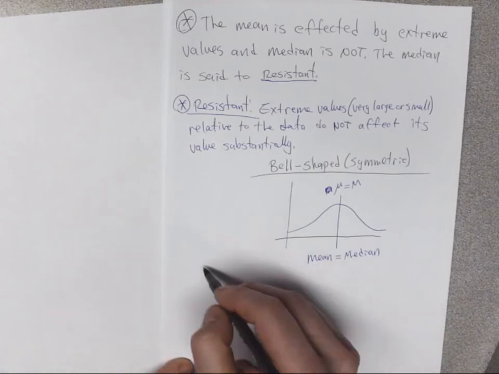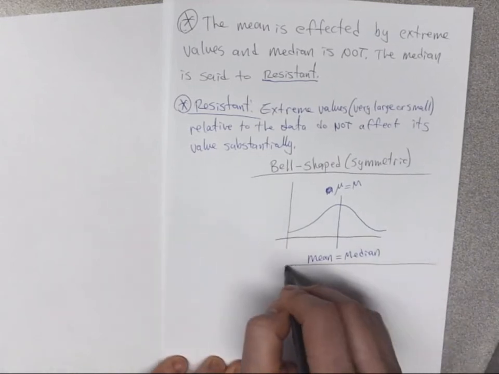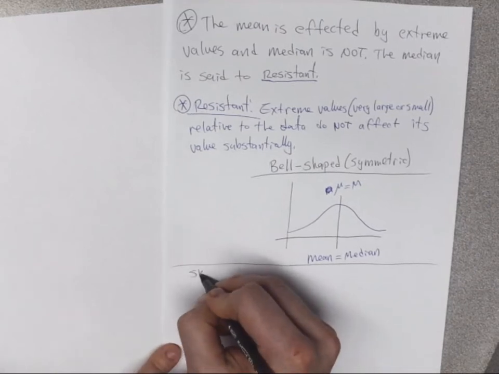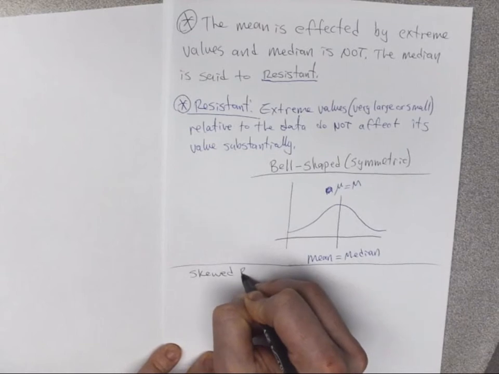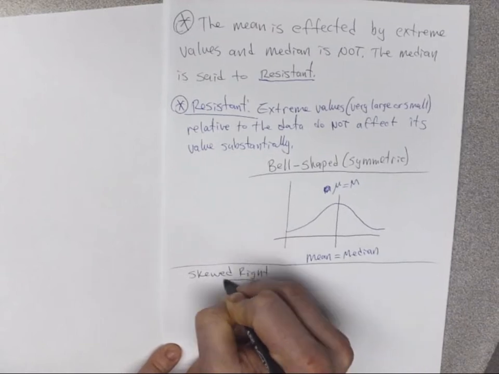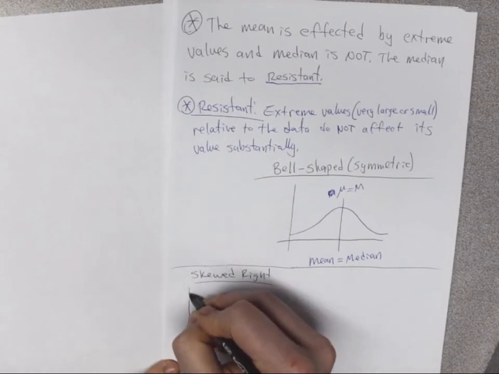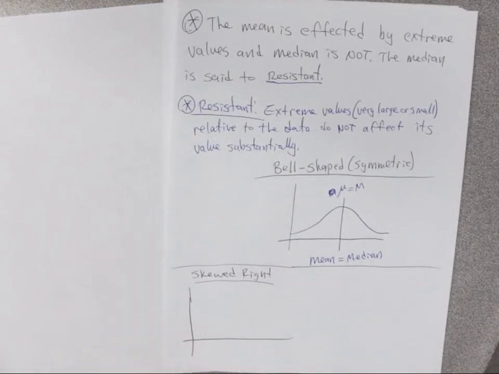The other two that we can have are something that we've seen before already. Skewed right. So here's our graph of something skewed right. Remember, skewed right means the bulk of the data is on the left. So skewed right means there's a bunch of little tiny outliers out here that's skewing all of our data this way.